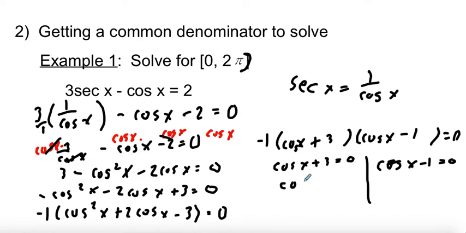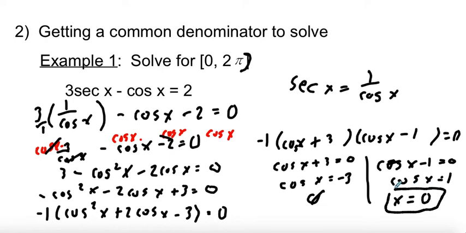I can subtract 3, and over in the other one, I can just add 1. So where is your cosine equal to negative 3? Nowhere. Where is your cosine equal to 1? Cosine's equal to 1 in one spot, and that is at 0. So my solution there is simply x equals 0.